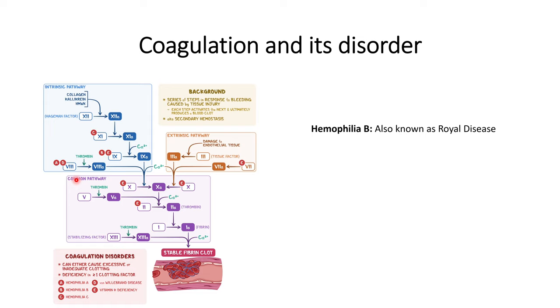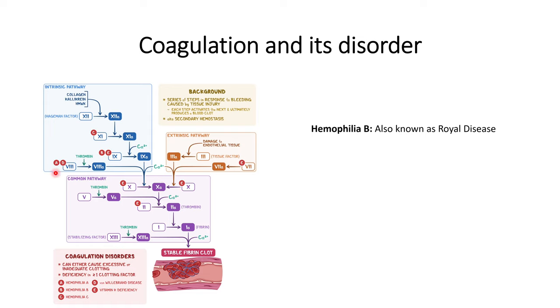However, factor 8 also plays an important role, as factor 8, with the help of thrombin, gets activated into factor 8A, and factor 8A and 9A, when in contact with calcium, will activate factor 10.